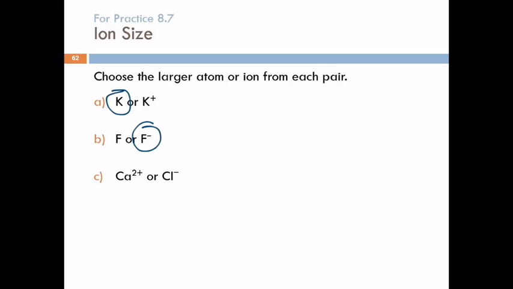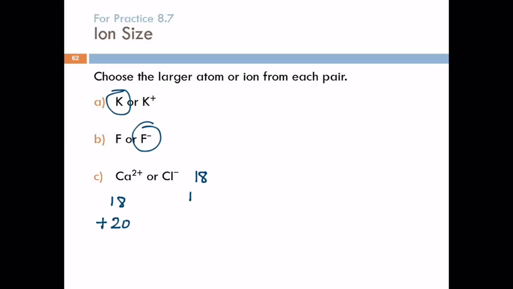Calcium ion or chloride ion? So chloride has 18 electrons, and calcium ion has 18 electrons. These are isoelectronic. So now we want to look at the charge on the nucleus. What's the charge on the nucleus for calcium? Plus 20.